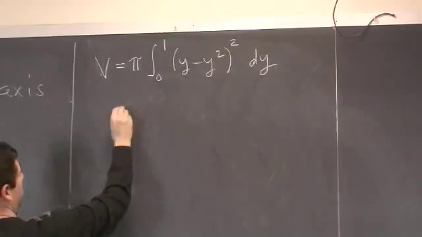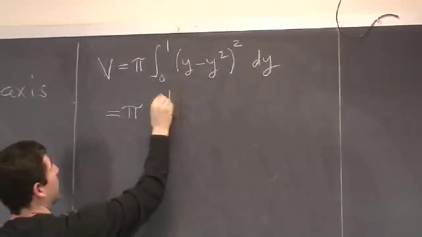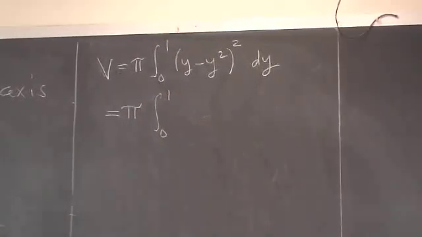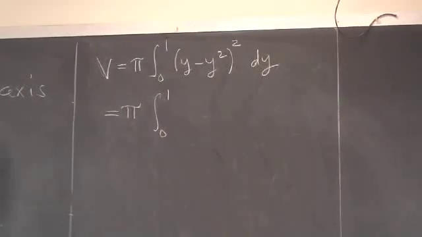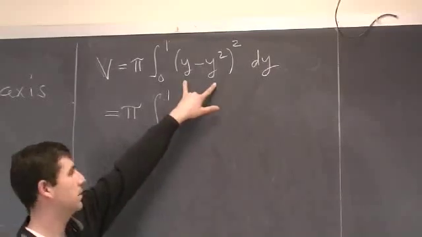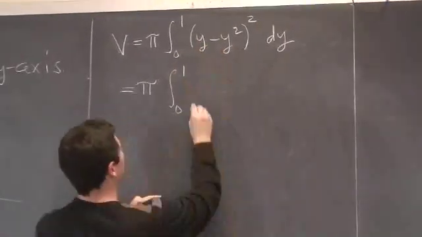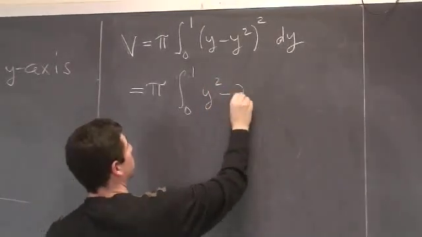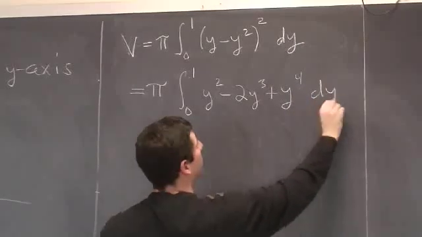Okay, so this is now just fun time. So why don't we just expand it? Square something, boom. y squared minus 2y cubed plus y to the 4th dy.